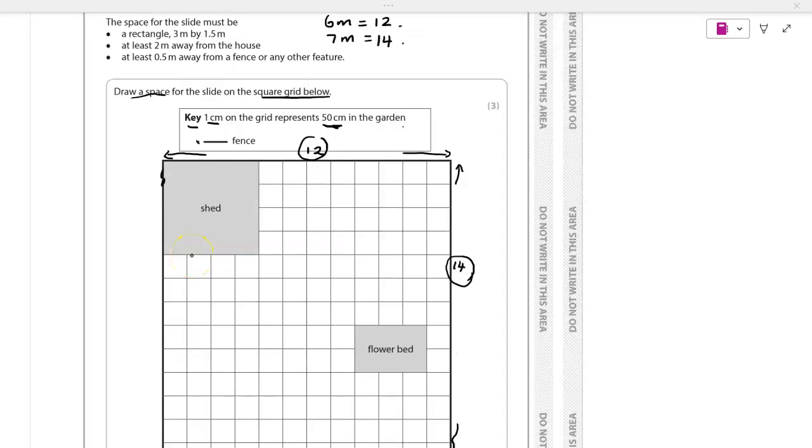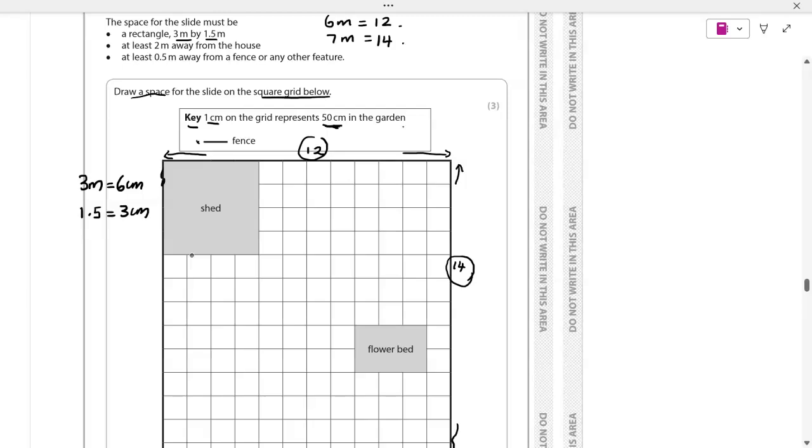So on the grid, the space for the slide must be a rectangle, 3 meters by 1.5 meters. 3 meters on the grid will be 6 centimeters, while 1.5 meters on the grid will be 3 centimeters.